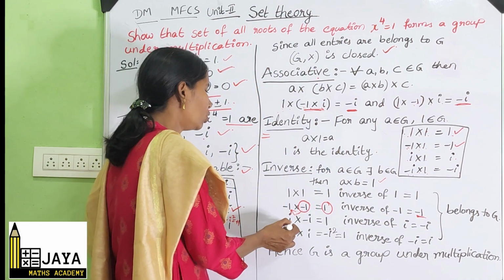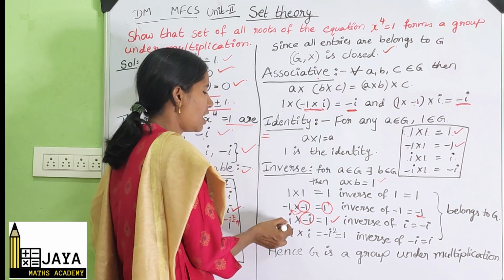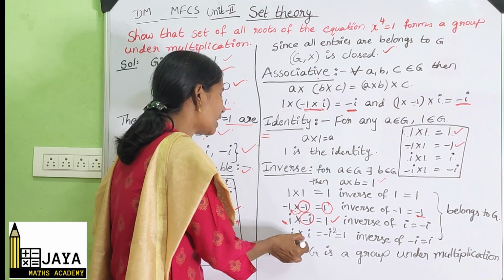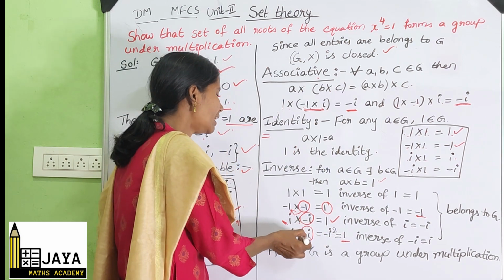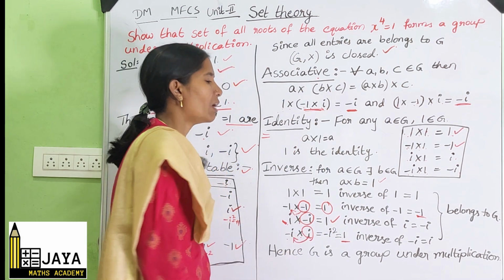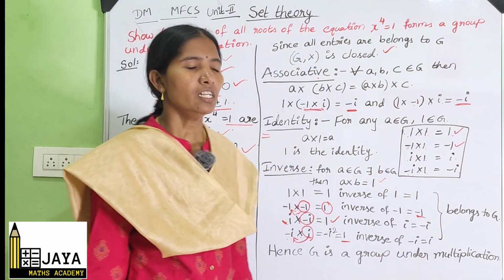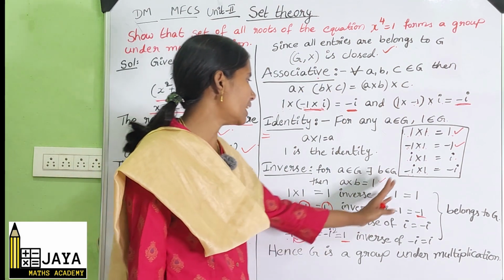i into minus i, then only 1 will come. So minus i is the inverse of i. Minus i into i, then only 1 will come, so i is the inverse of minus i. So all the elements in G have inverse elements.